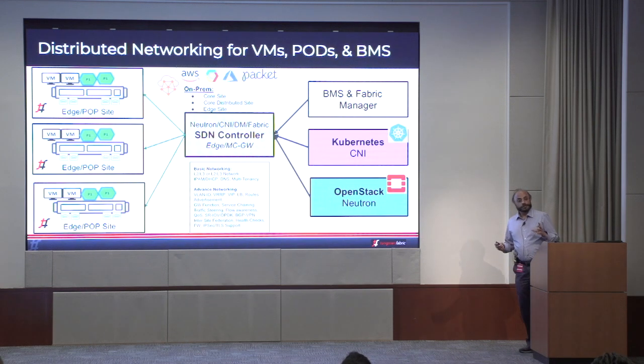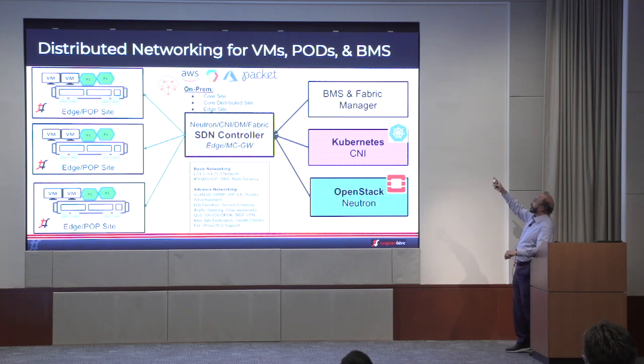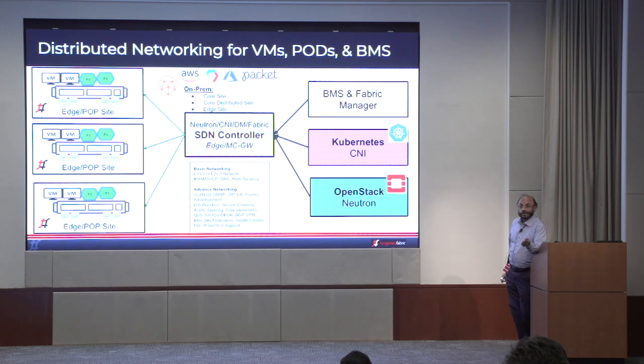So this is my summary. You have distributed networking for any kind of workload: virtual machines, pods, and bare metal machines. One thing I didn't touch on, on the top right-hand side, is bare metal as well as fabric management. Contrail will not only do the bare metal deployment, it will do the full bare metal lifecycle management using Ironic in OpenStack.